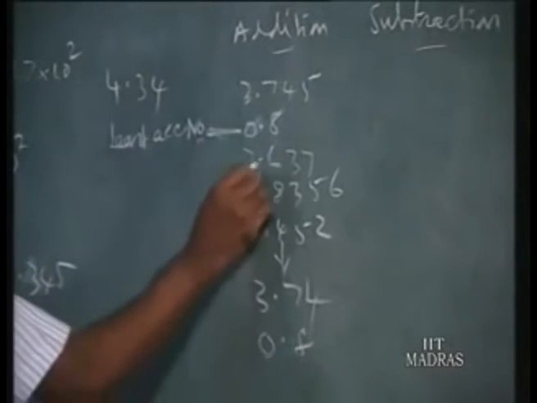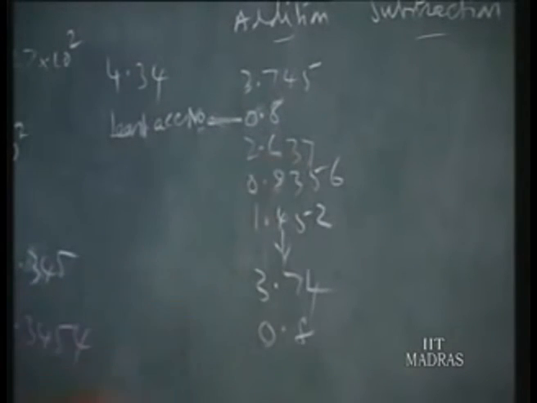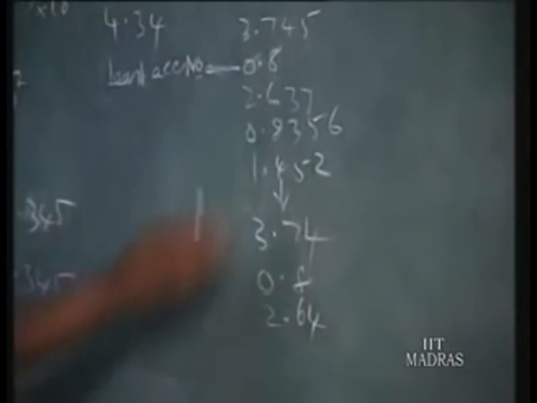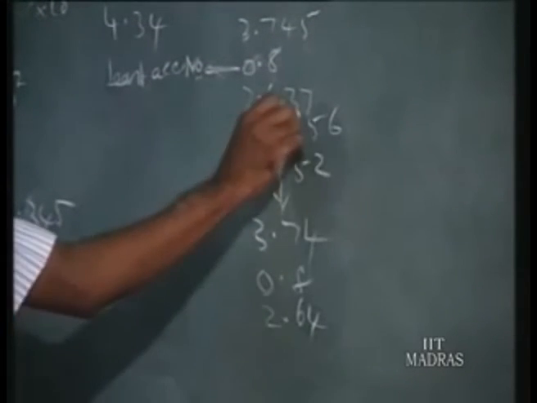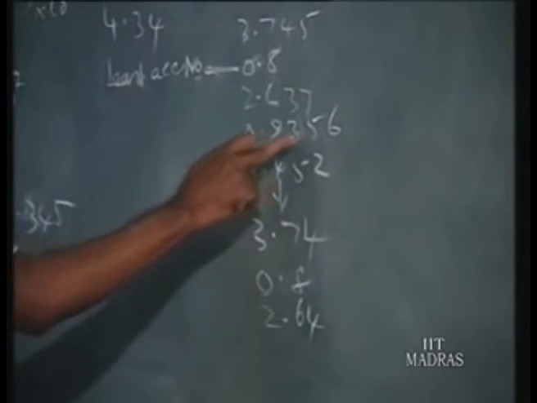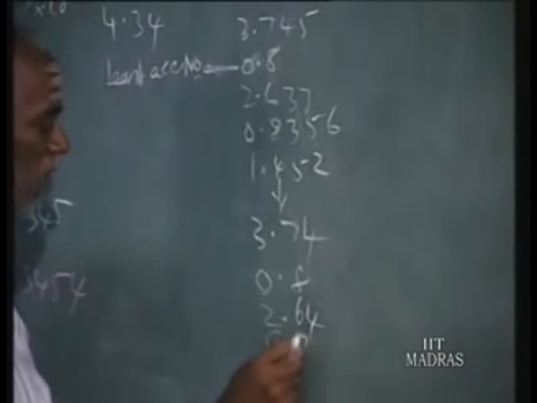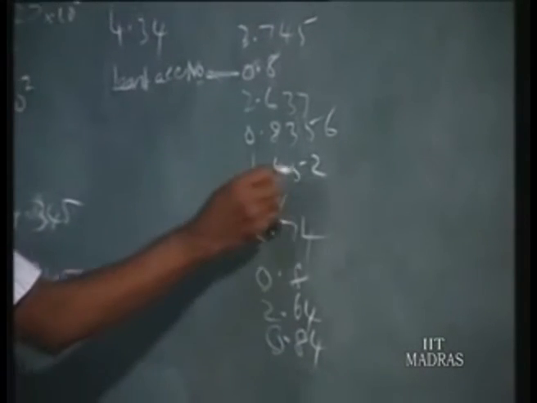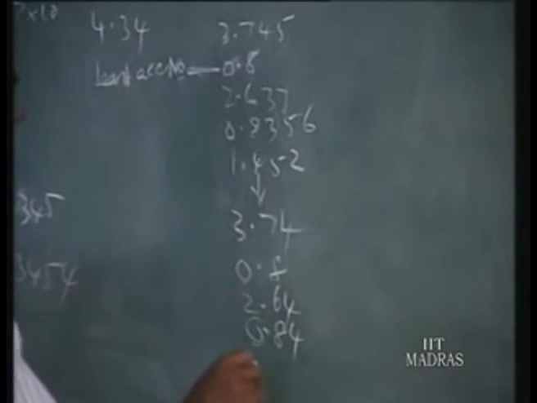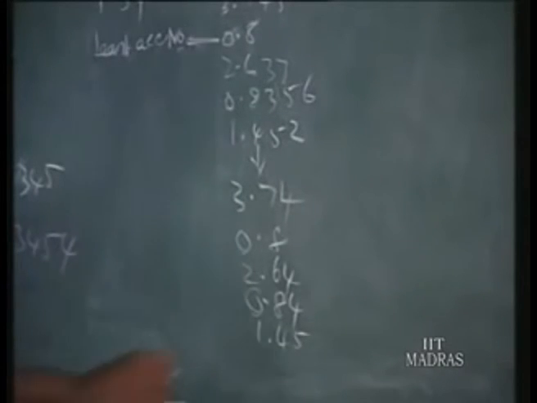Then 2.637 becomes 2.64, because the discarded number is more than 5. Then 0.8356 becomes 0.84, because the discarded number starts with 5 and the preceding digit 3 is odd, so make it the next higher number. And then 1.452, the discarded number is less than 5, write it as it is, 1.45. Now add the total.